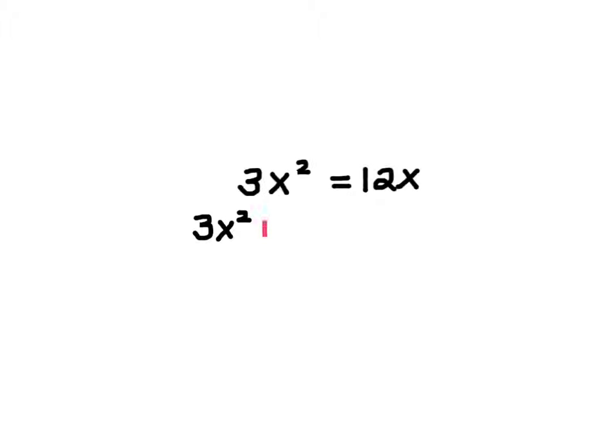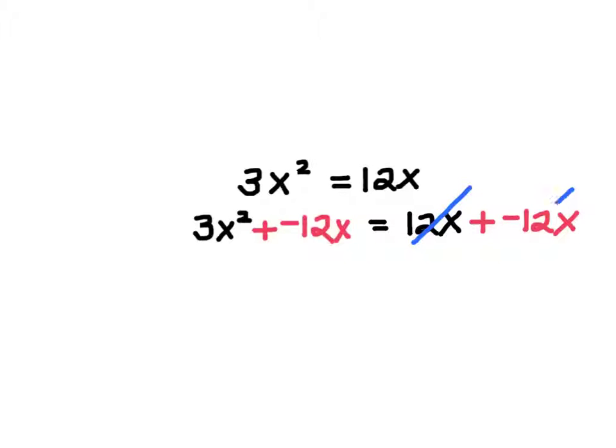If we add a negative 12x to the left and a negative 12x to the right, the positive and negative 12x on the right cancel out, and we end up with 3x squared plus a negative 12x is equal to 0.